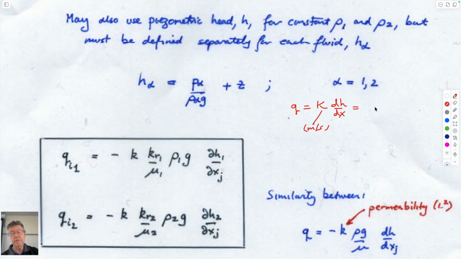And so if we split out those components, there should be a minus sign here because it flows in the opposite direction. Then this change with length is equal to the head, which is equal to the pressure over unit weight plus the elevation at that particular point.